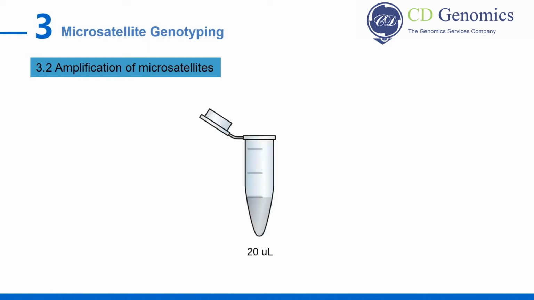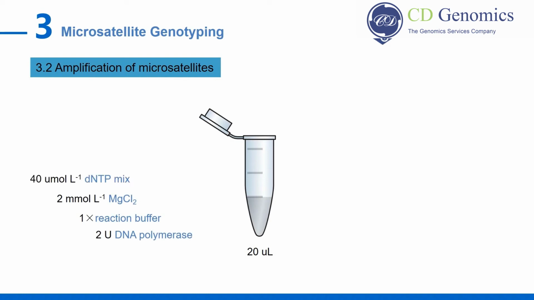Each SSR-PCR reaction mixture consists of DNA polymerase, reaction buffer, magnesium ion, dNTP mix, forward primer, reverse primer, and genomic DNA.